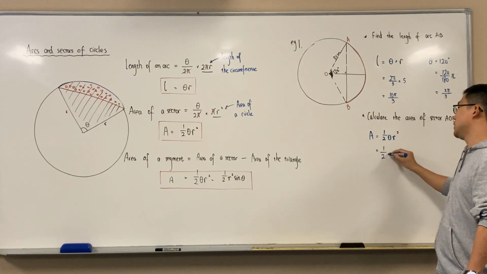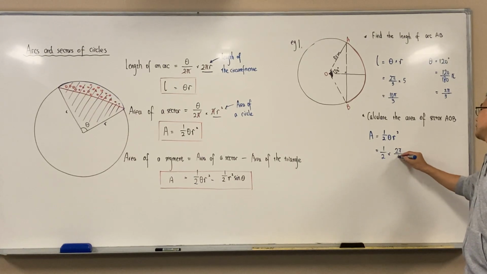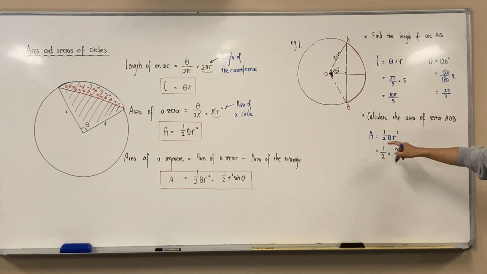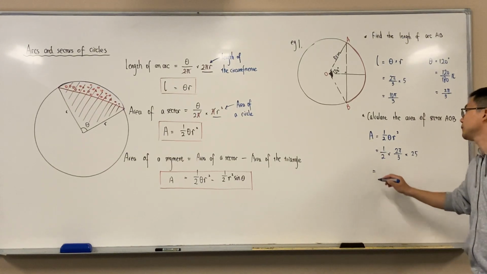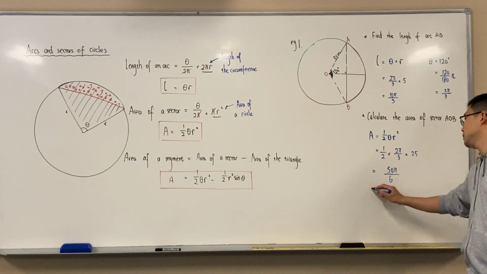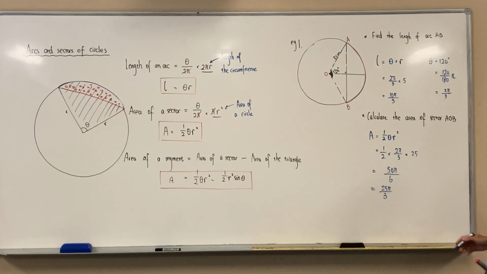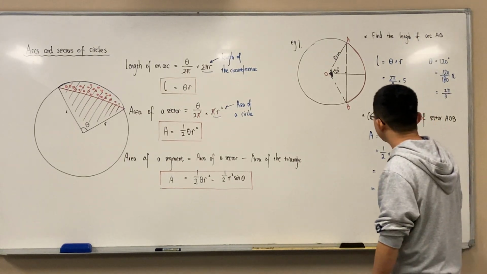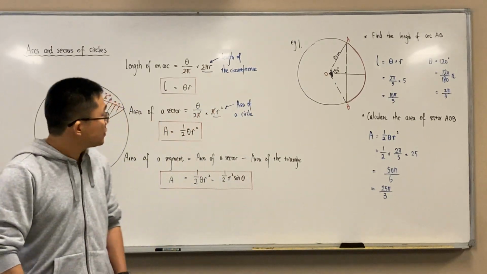That gives you half times theta, and we know theta is equal to 2 pi over 3, times r squared. Radius is equal to 5, so r squared is 25. So that becomes 50 pi over 6, which is just equal to 25 pi over 3. Straightforward, really easy to understand how to do the question here.